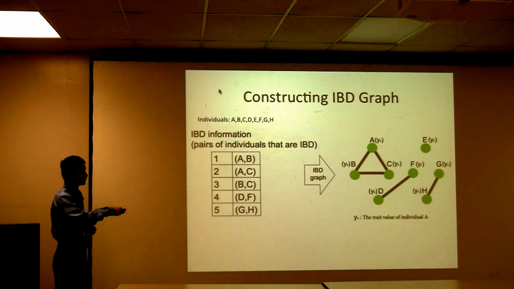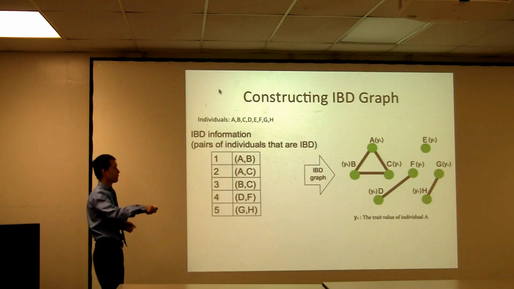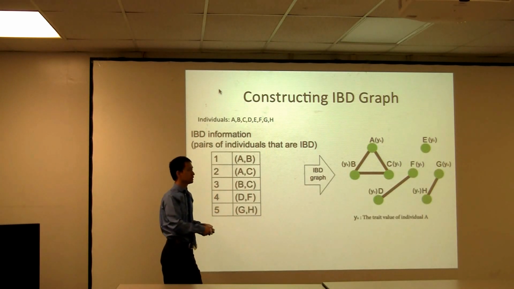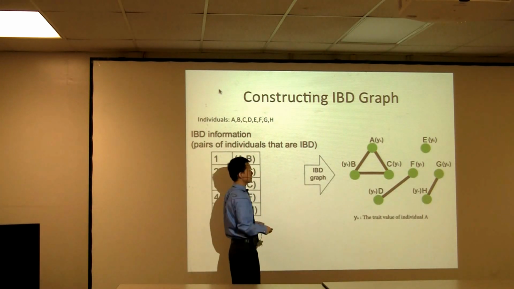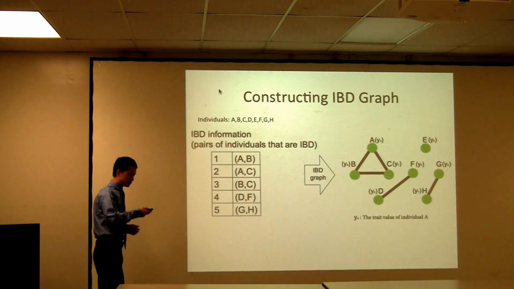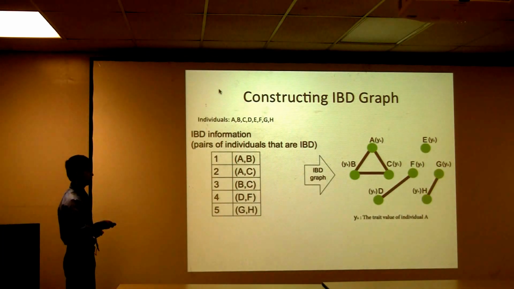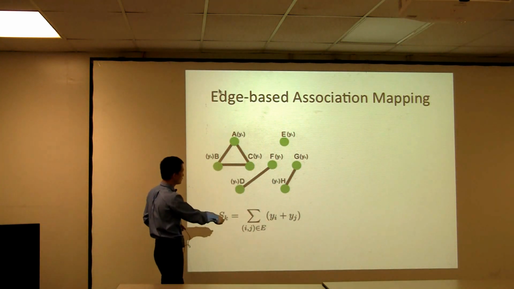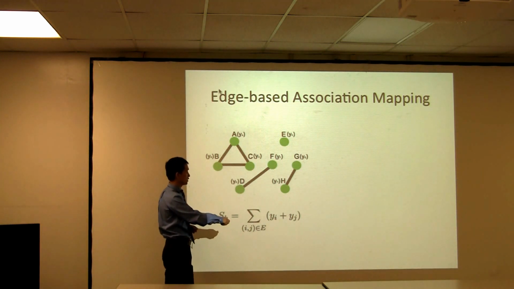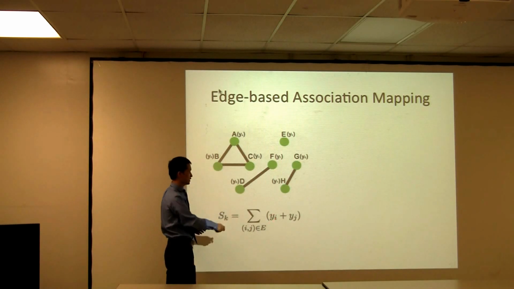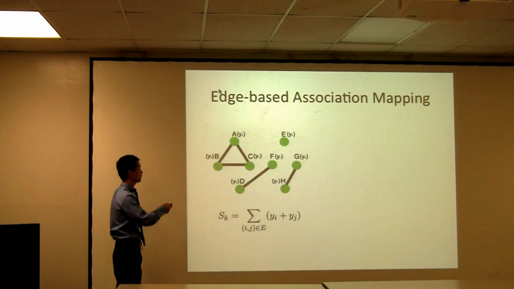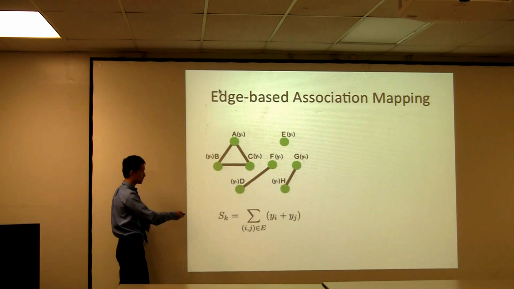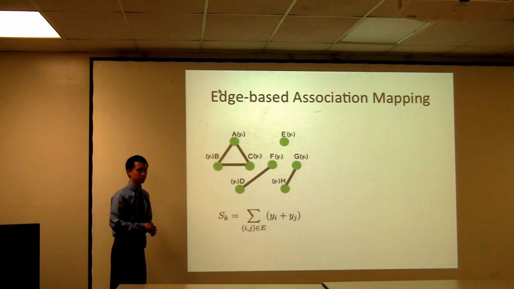In a clique, if more individuals share IBD, there will be more edges. So it's natural that we develop a statistic according to the edges. For each edge, we take the sum of the phenotype values on the 2 nodes, and then we sum over all edges, and this serves as our test statistic.